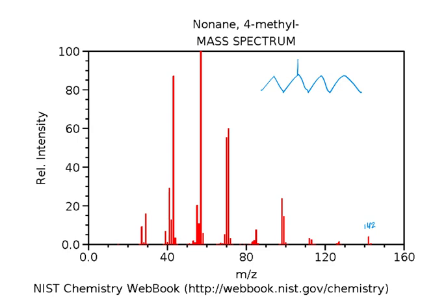And what we should expect here is cleavage around the branch point. Okay, so if it cleaves here, and the charge goes with the more substituted side, then this would give 99.